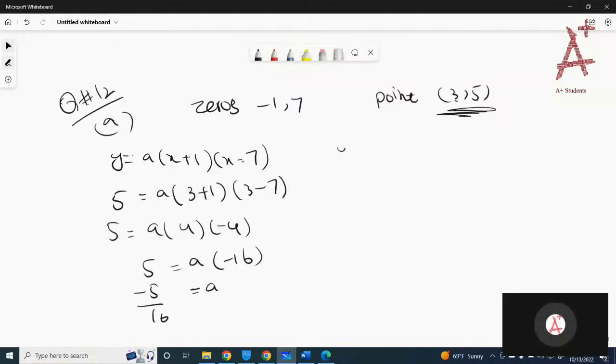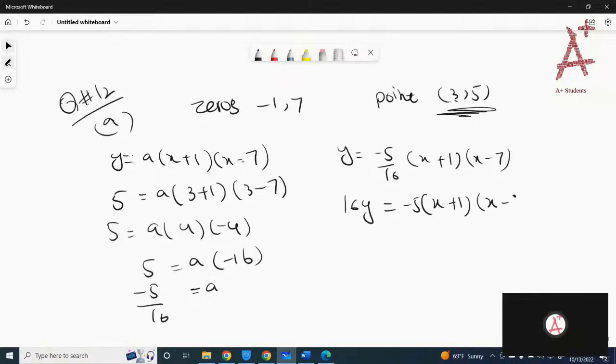So now the equation is y equals -5 over 16 times (x plus 1)(x minus 7). Got it? So just solve the equation and it would be then 16y equals -5(x plus 1)(x minus 7). That's how you have to write the equation for the rest of the questions. Got it?